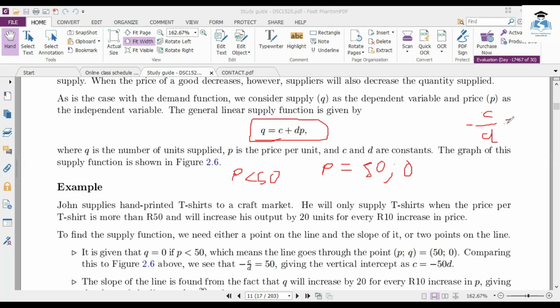Minus C over D equals 50 is the same as, if we multiply both sides, minus C equals 50D, which is C equals minus 50D.